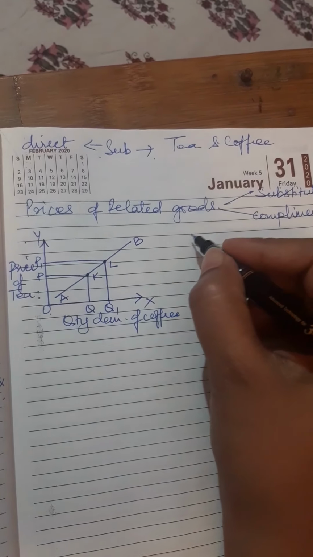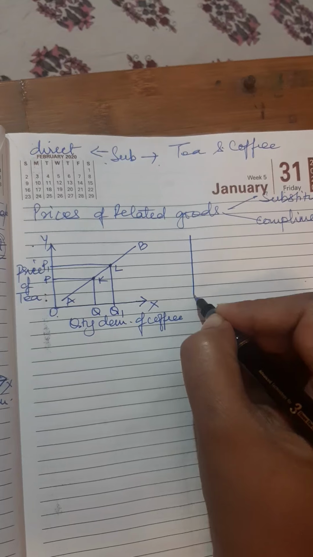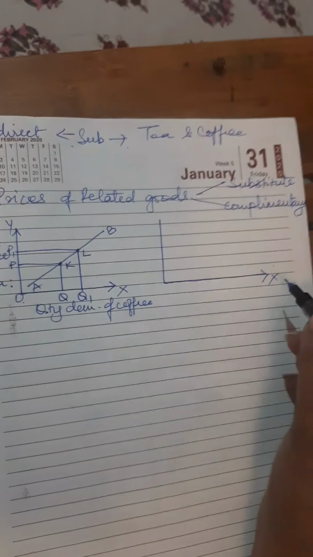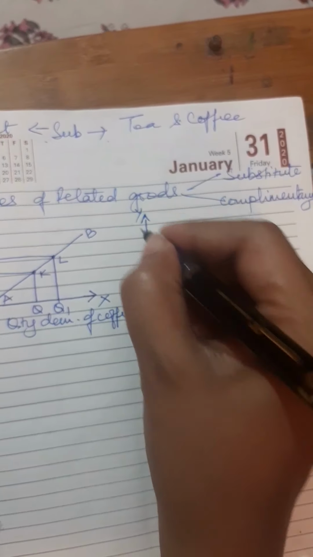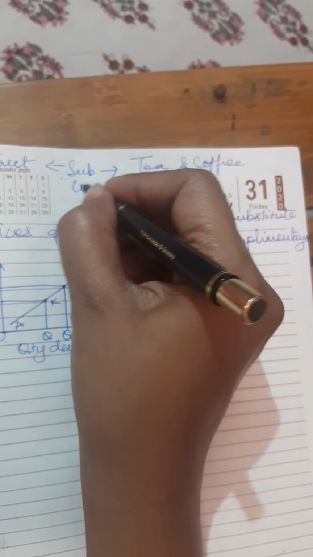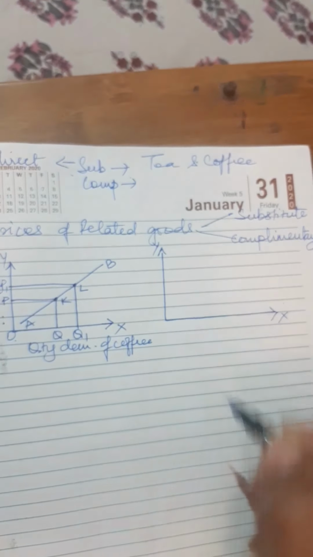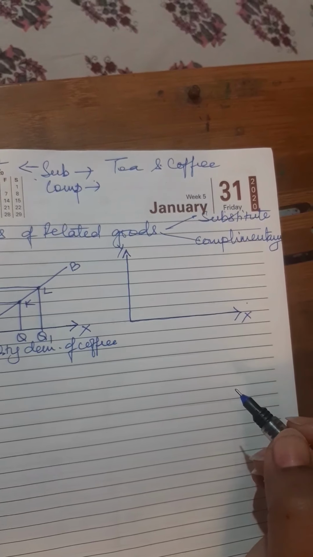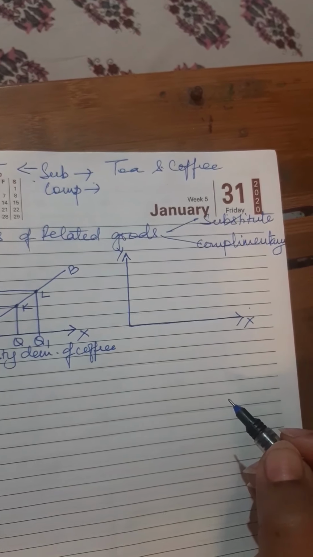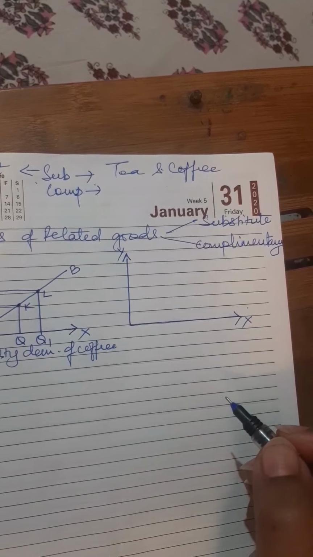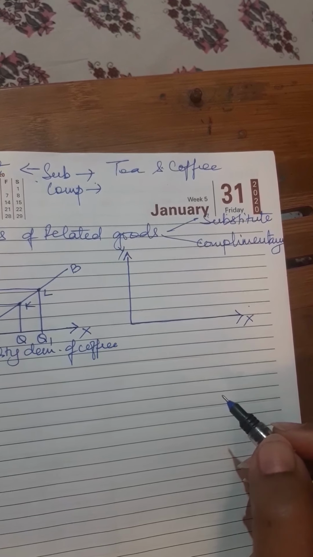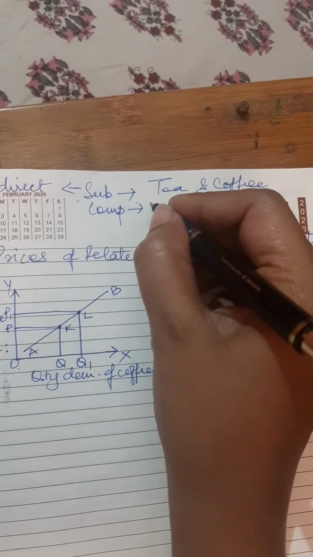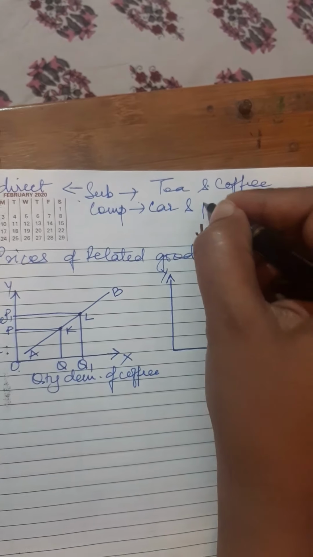Now let's move on to the curve for complementary goods. Here I draw the x-axis, the y-axis. Substitutes are the goods which are used in place of each other. And in case of complementary, these are the goods which are used together, like the case of car and petrol.